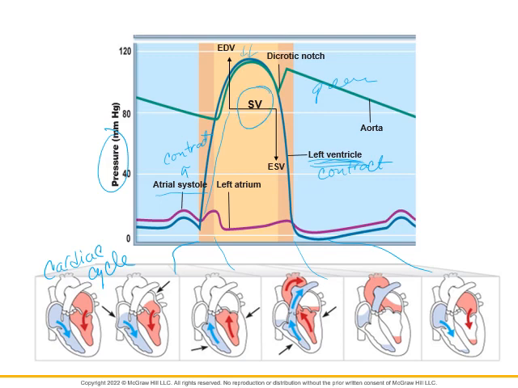So the stroke volume, the amount of blood ejected, depends on how forcefully the ventricles contract and the pressure that's currently in the aorta. The other factor is how much blood you add, the venous blood return. If I put less blood in, I'm going to get less blood out. That's just how it works.